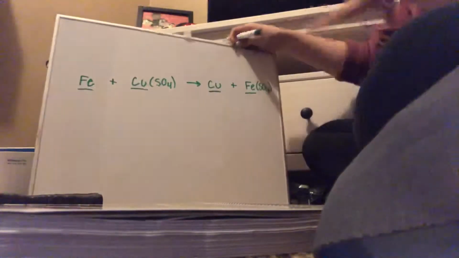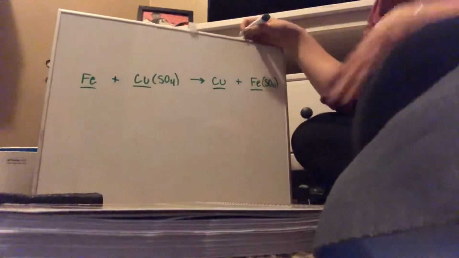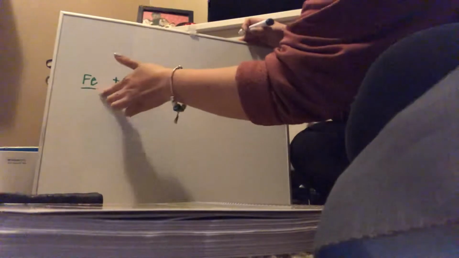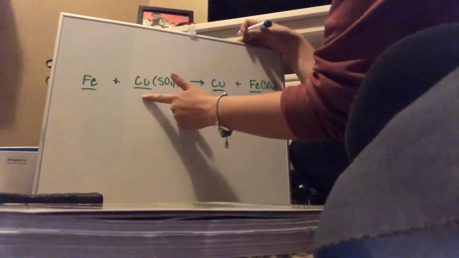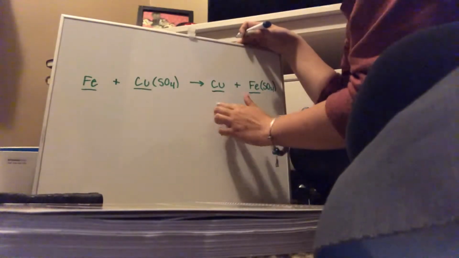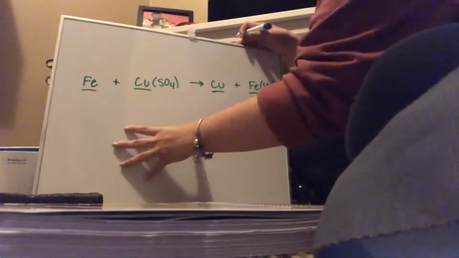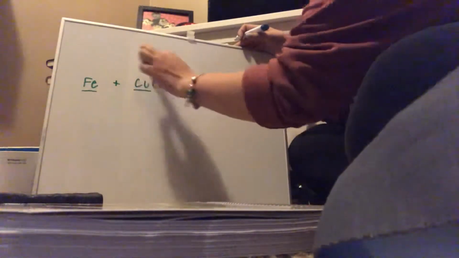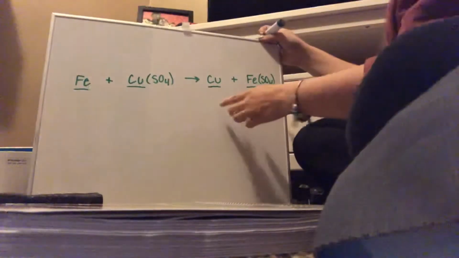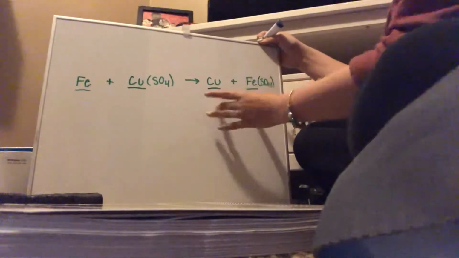So when you put iron into a beaker with copper sulfate, this is going to break apart, and the iron has a higher affinity for the sulfate than the copper does. And so the copper is going to break away from the sulfate, and this iron is going to attach itself to the sulfate. And so what you get on the other side is copper plus iron sulfate. So they kind of switch spots.